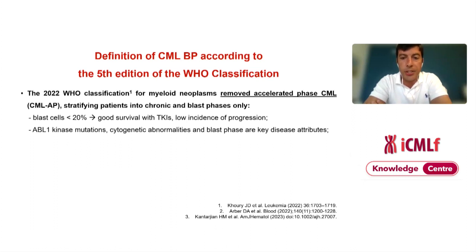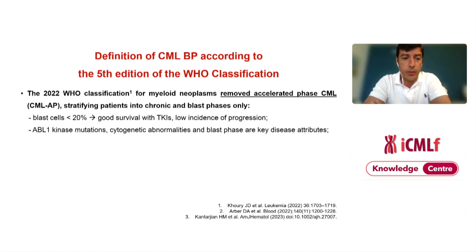Because a patient in accelerated phase, according to the previous definition, had a very good survival with tyrosine kinase inhibitors, and they have a very low incidence of progression. So the prognosis of these patients was very good, and they can be compared to chronic phase patients according to treatment strategy and outcome.